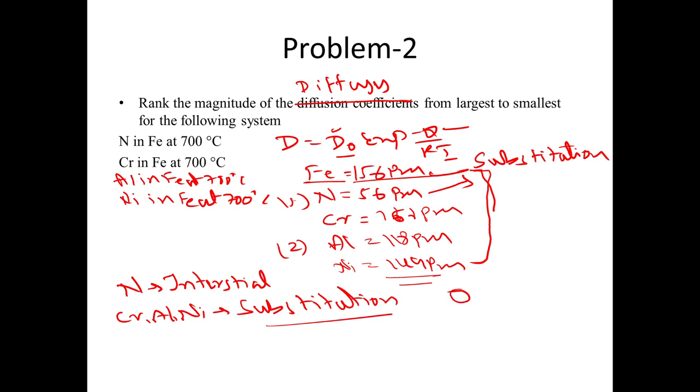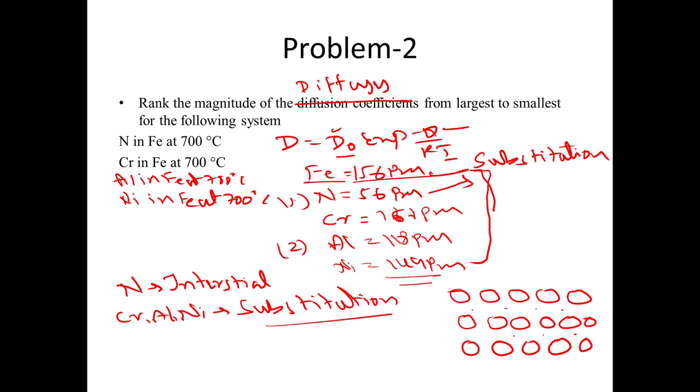For nitrogen, a sufficient number of interstitial sites are available, so nitrogen can diffuse very easily, whereas the other atoms should substitute the iron atoms.